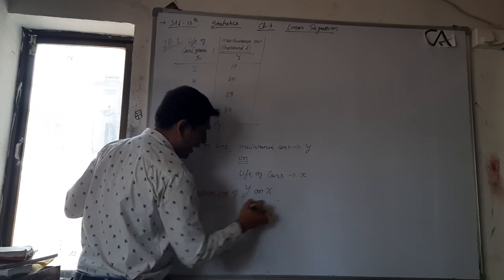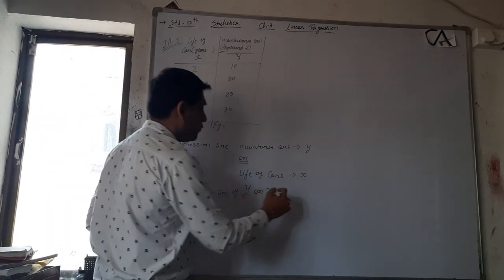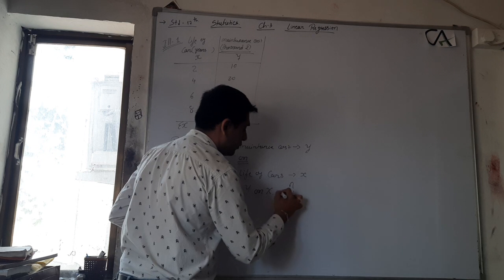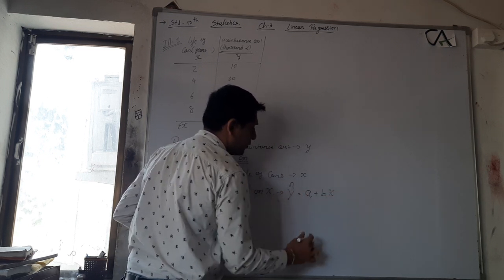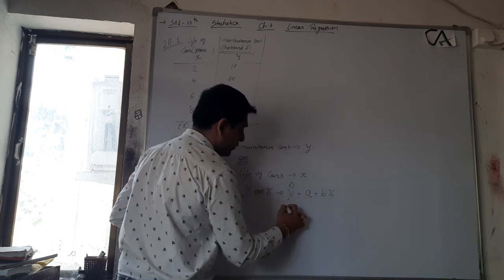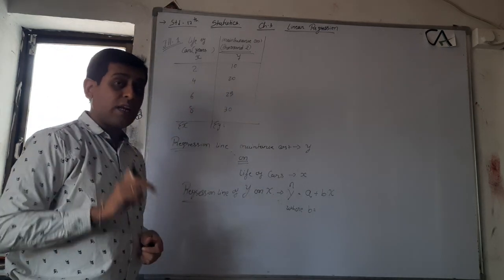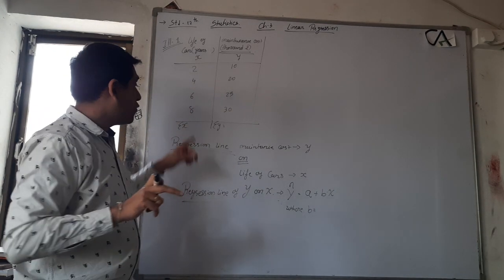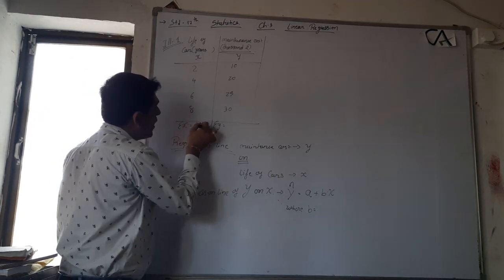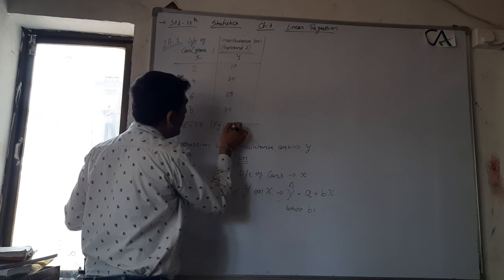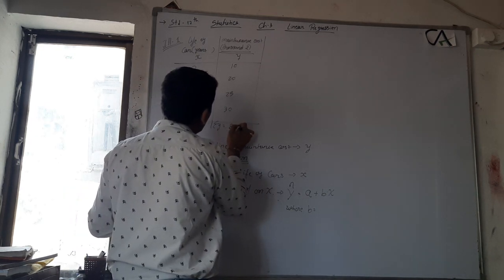Regression line of y on x. So for that we have to find out y cap is equal to a plus b x, where b is equal to, which formula we have to use? So for that we have to make the total. Here sigma x is equal to 20, sigma y is equal to 85.